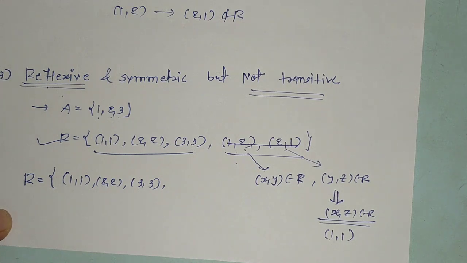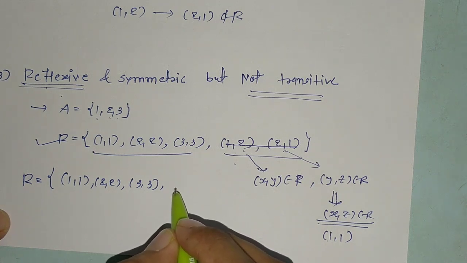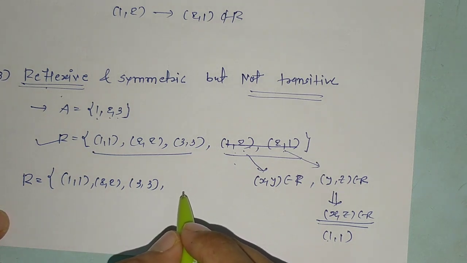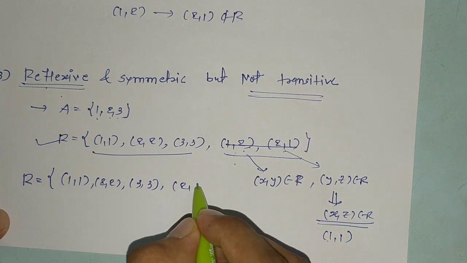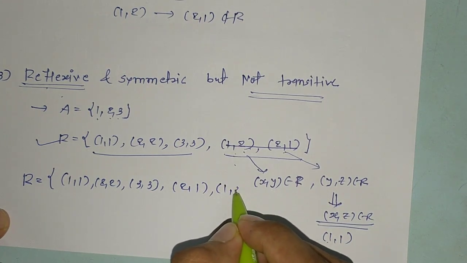Now for transitivity I am taking two pairs, 2 comma 1 and 1 comma 3.